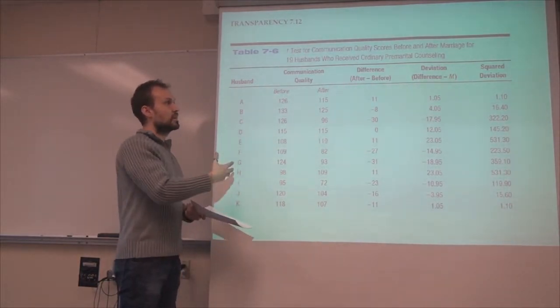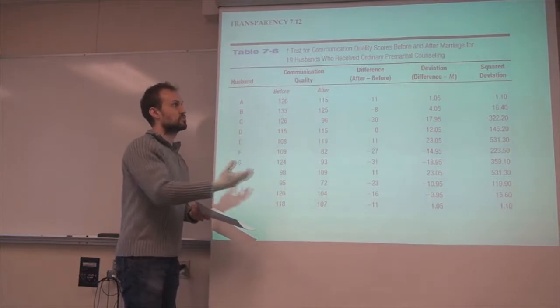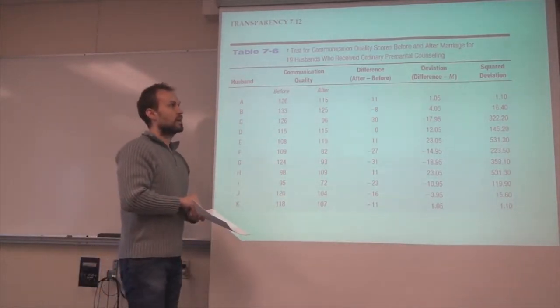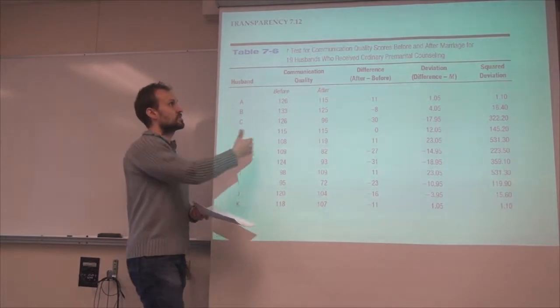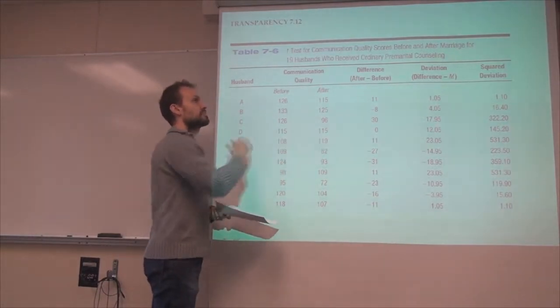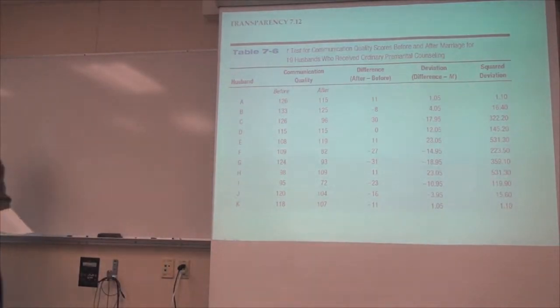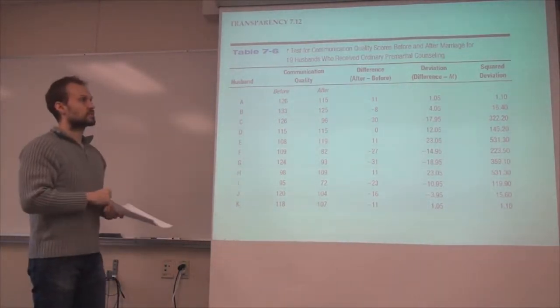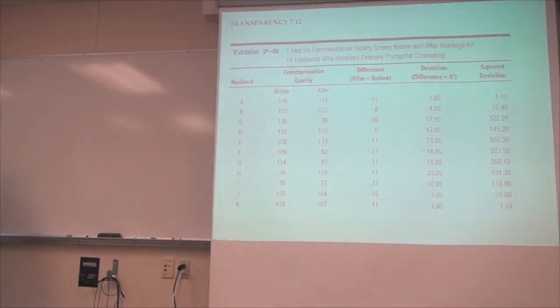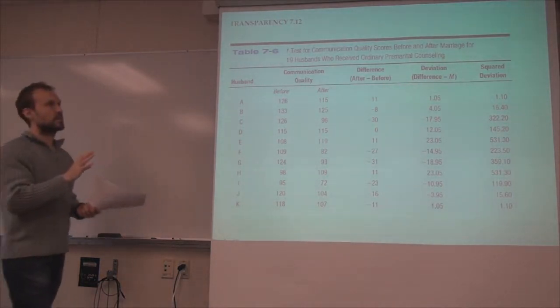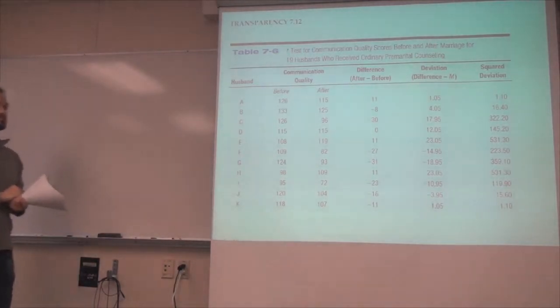So my sample is being used to make a conclusion through hypothesis testing about if this marriage process affects the communication of males in general going through this process. Any questions so far? So I'm trying to see throughout the similarities between this and what we've seen before.